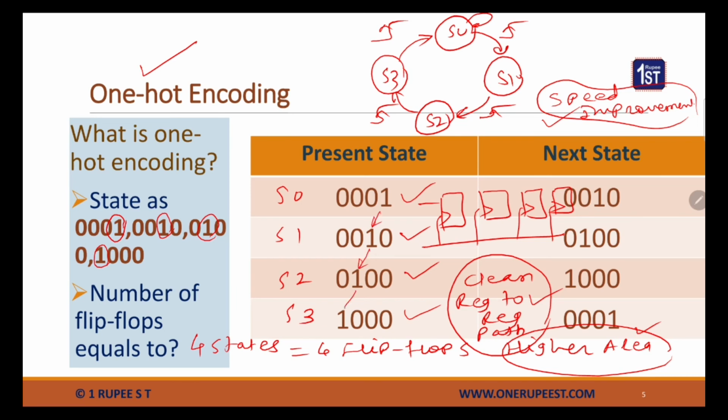There is no major impact on power or on switching activity. So most of the time, if area is not a constraint and speed improvement is required or a clean register to register path is required in FPGAs or in ASIC designs, then we can prefer one hot encoding based FSM controllers or one hot encoding based sequence detectors.